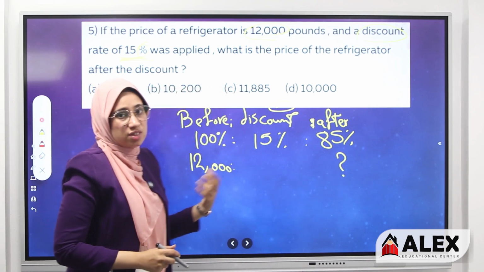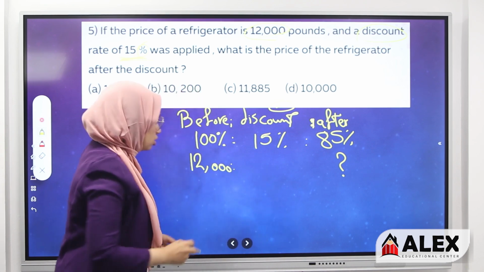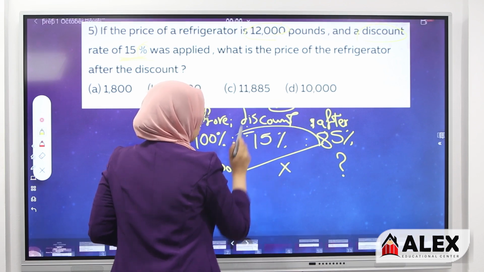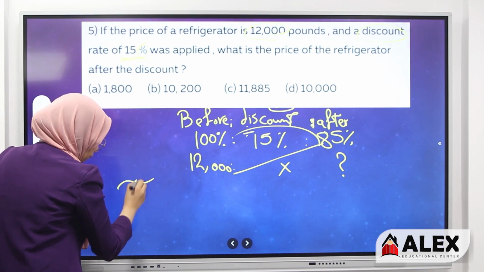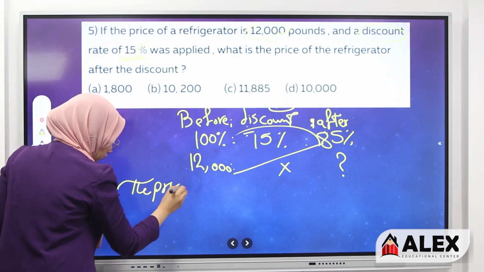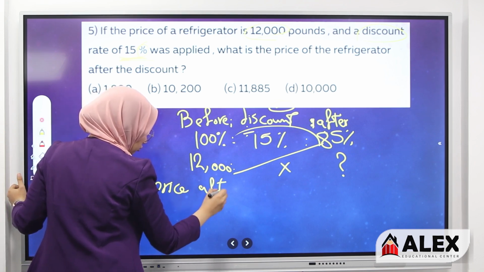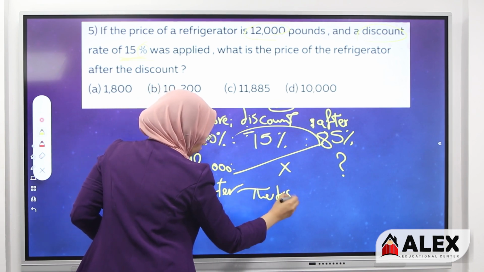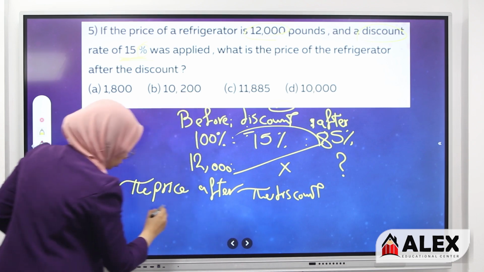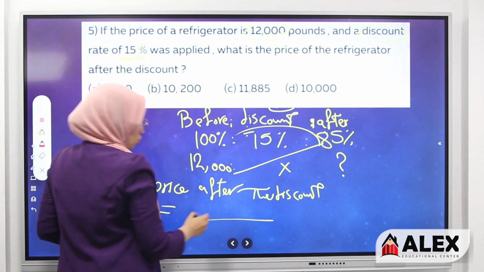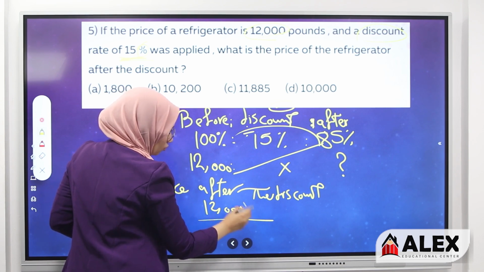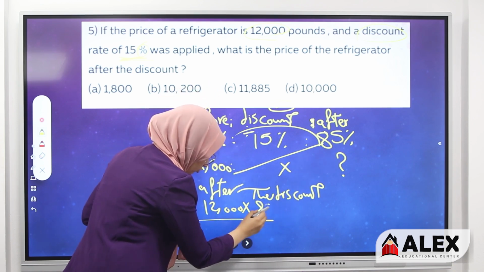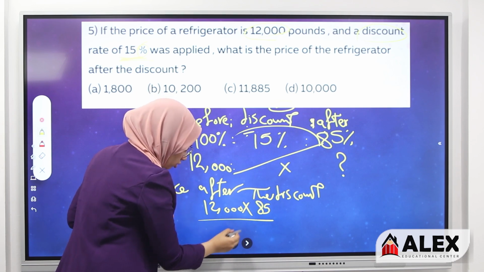To give the value of the price after, we make times, then divided. The price after the discount equals 12,000 times 85 divided by 100.